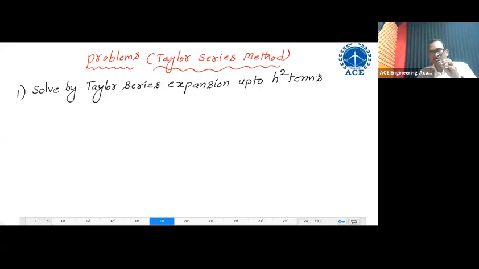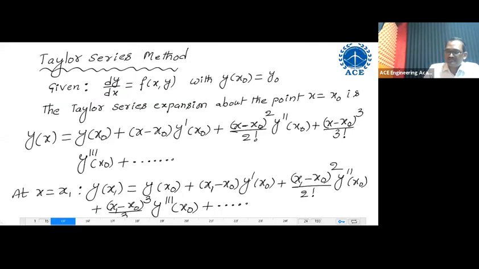Remember, you are asked to solve one problem using Taylor series up to h squared terms. Taylor series up to h squared terms means Taylor series up to second derivative. Taylor series up to h cube terms means Taylor series up to third derivative.